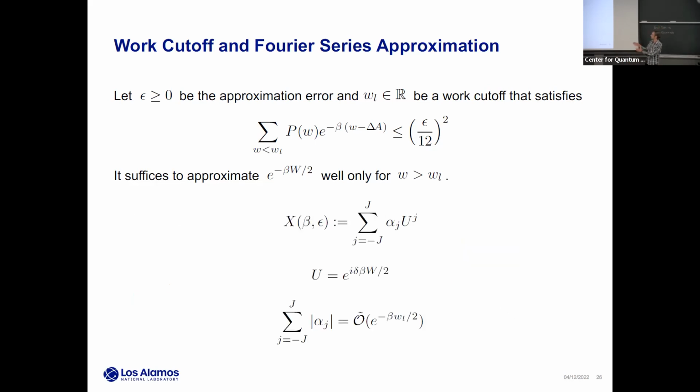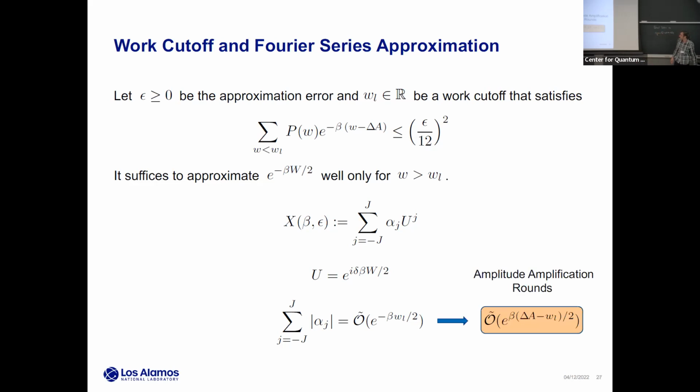So when we represent X as a linear combination of unitaries, where each unitary is essentially a quantum simulation with the work operator acting as a Hamiltonian, we find that the sum of the weights at the very bottom adds up to something that scales like e to the minus beta cutoff work value.